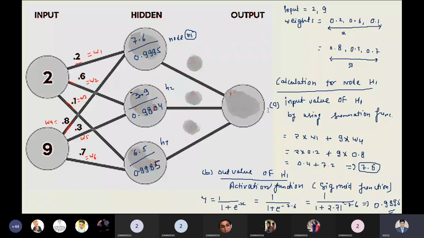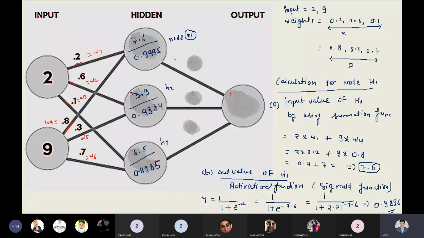Anyone who is getting different values, let me know right now so I can rectify the answer. Else we can move to the next part. So now it is clear how to calculate the input value and how to calculate the out values. Yes, sir. Okay, good. So input calculation and output calculation is very easy.